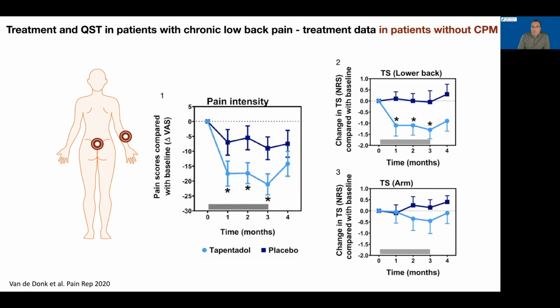And then we treated those patients, and we observed that with tapentadol, pain intensity was reduced. This was related to an improvement of temporal summation in the back, and there was no effect on the arm. Again, improvement of segmental sensitization, possibly due to improvement of neuropathic pain.